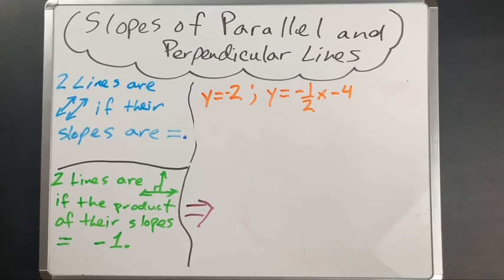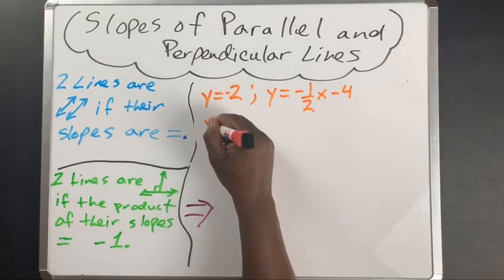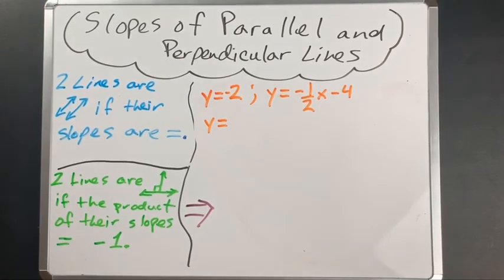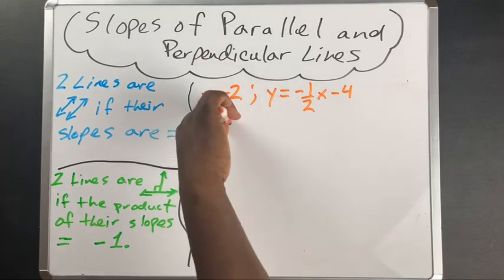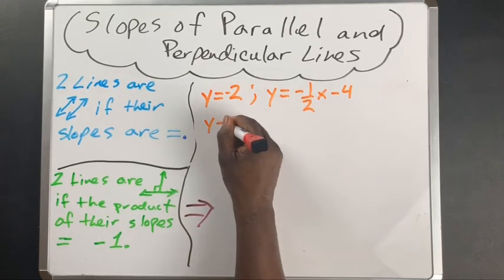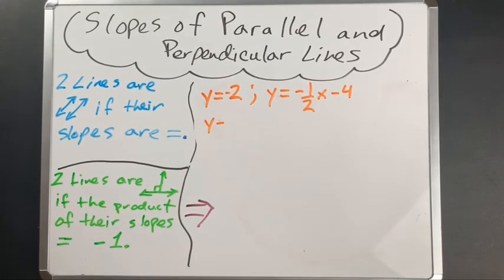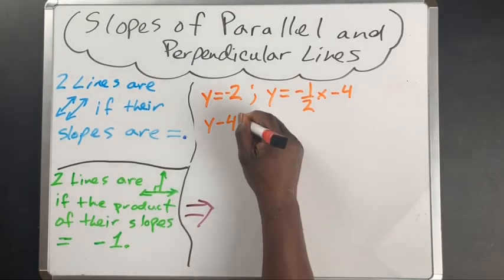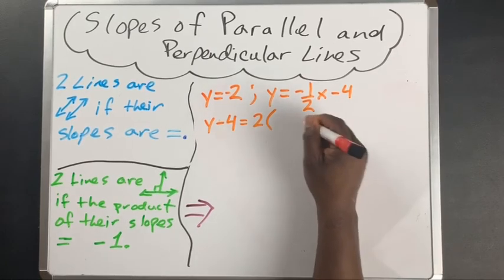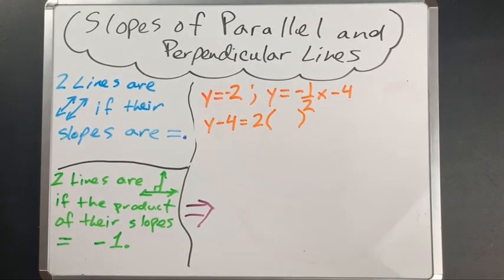And then we have, let me fix that, we'll give a point-slope: y minus 4 equals 2 times the quantity x plus 3.